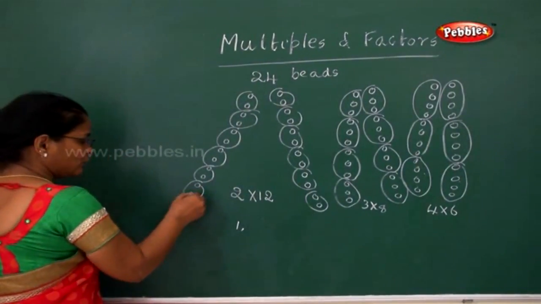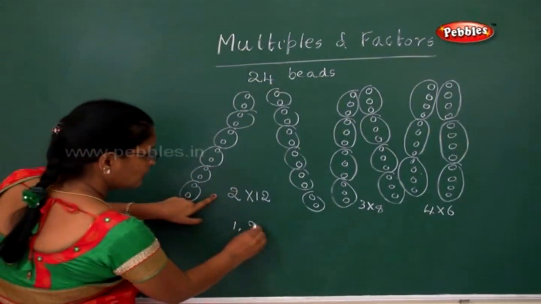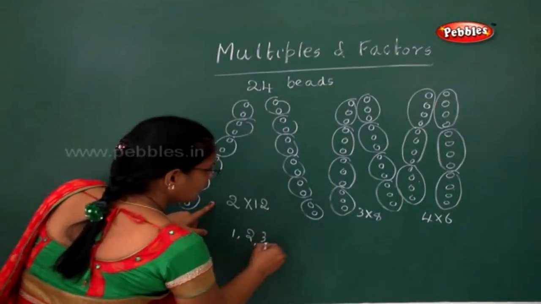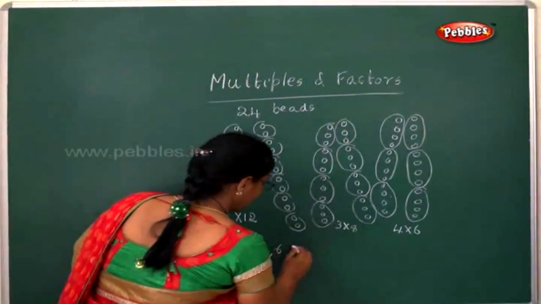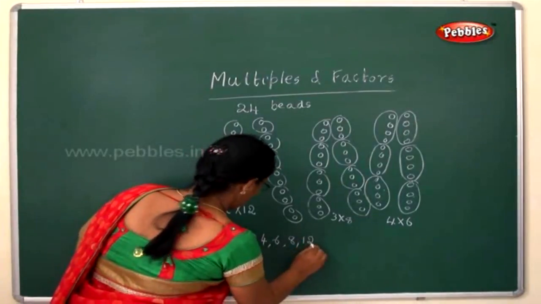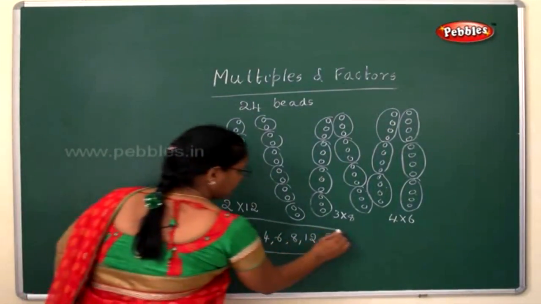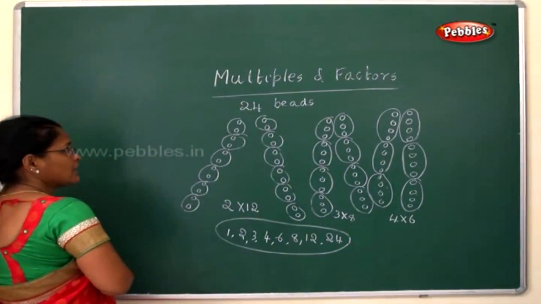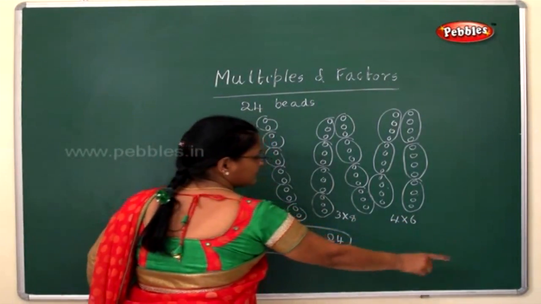1 also, you can make it separately: 1, then 2, then 3, then 4, then 6, then 8, 12 and 24. So these are the factors. But the activity is that you have to divide in all possible ways, and the last result must be 0.